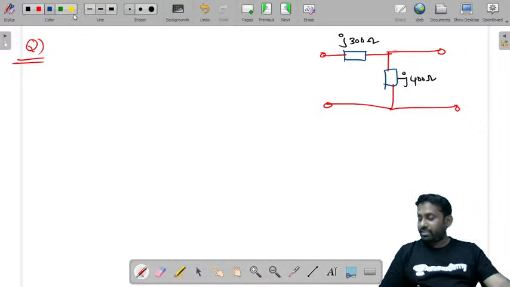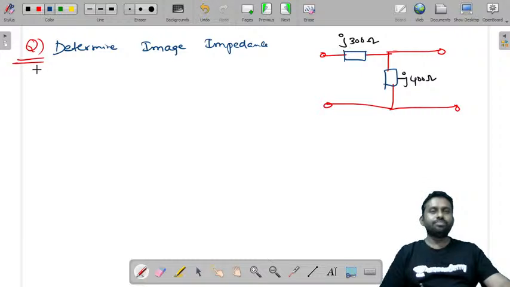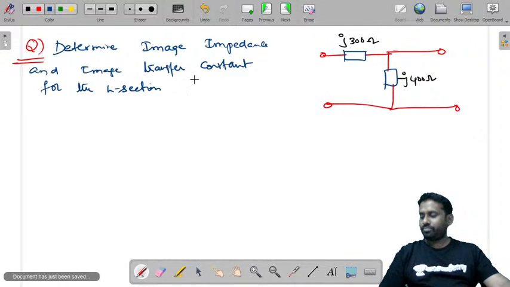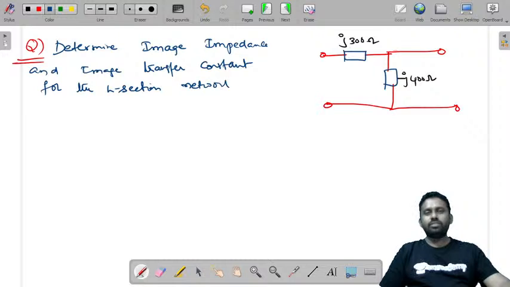Determine the image impedance and image transfer constant for the L section network shown.